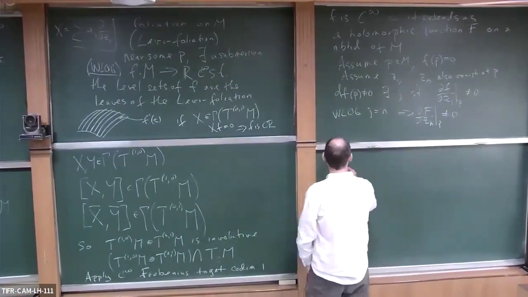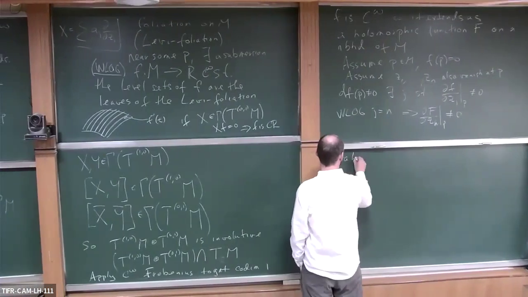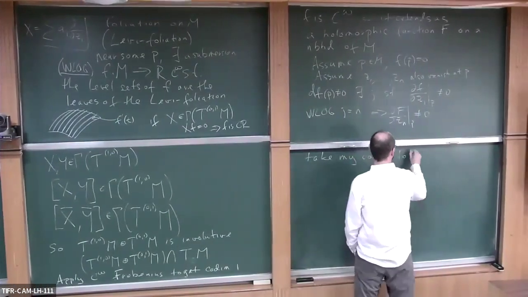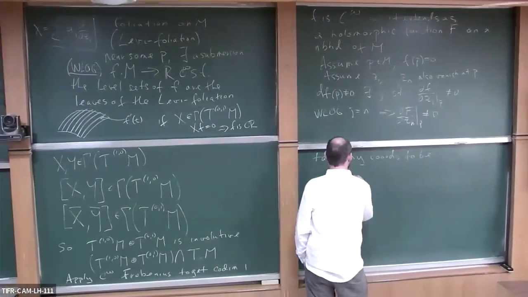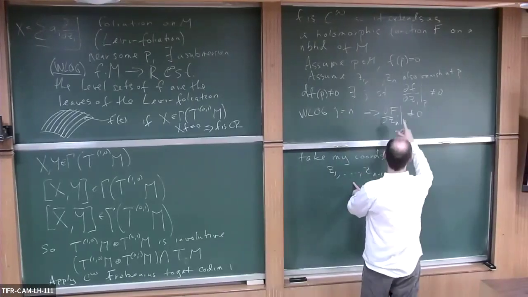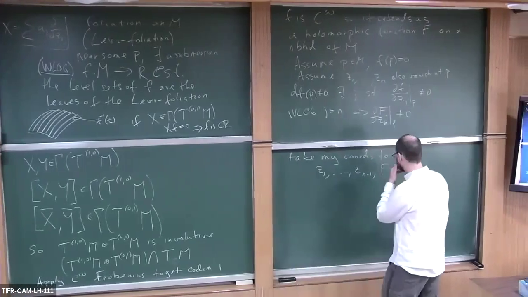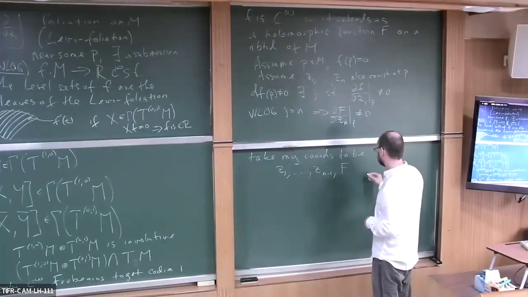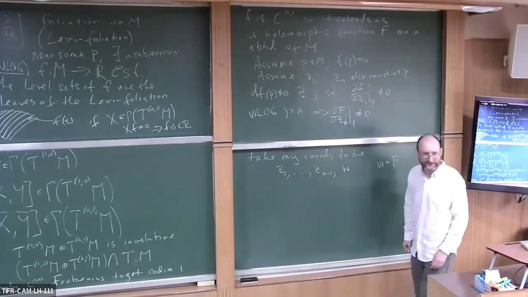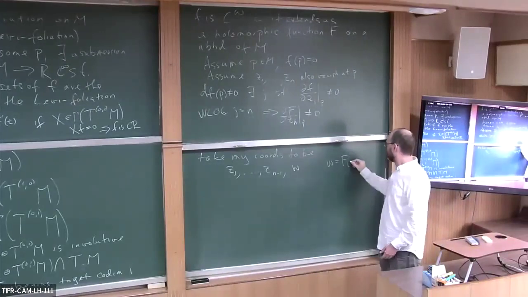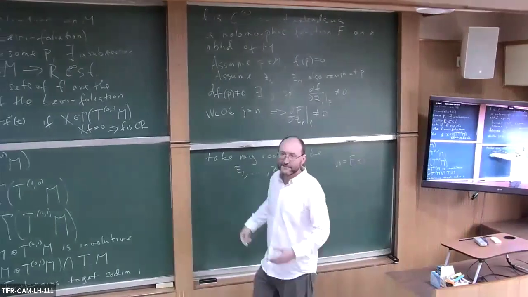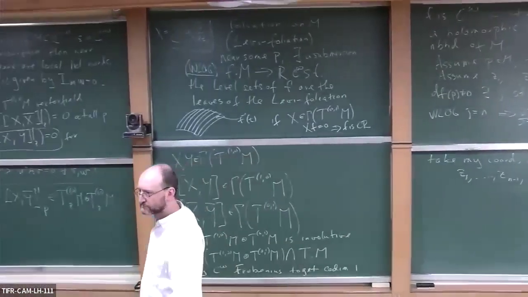So now take coordinates z1 through zn minus one, and for the last one I'm going to use capital F. Let me go to W, but W is capital F. Capital F originally depends on all the z1 through zn, but this is a local change of coordinates.